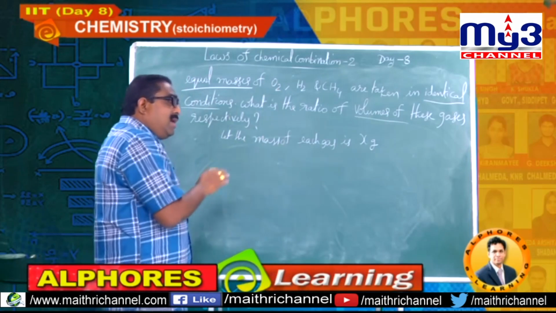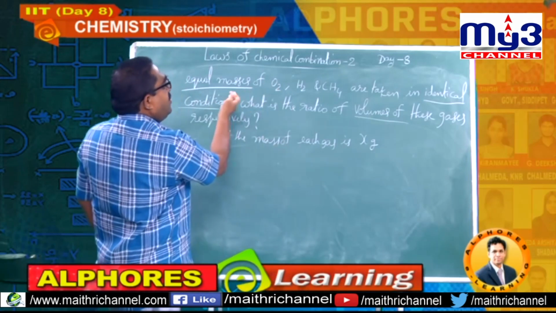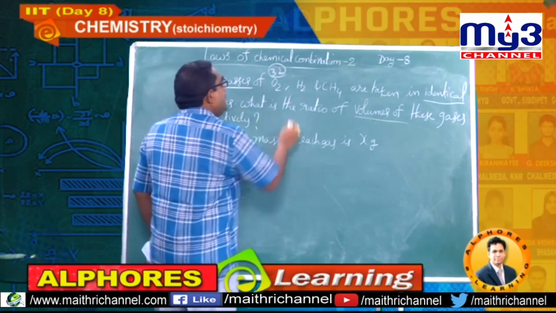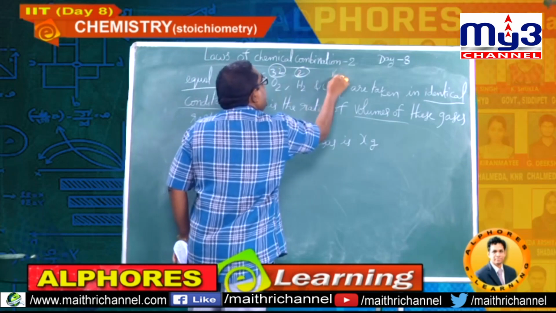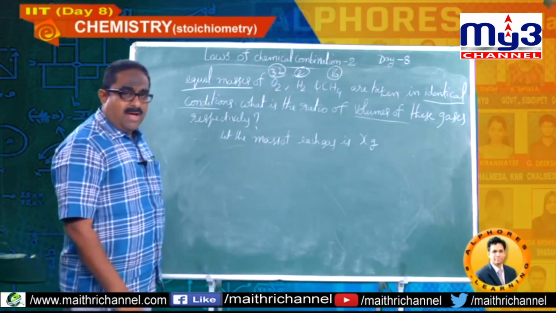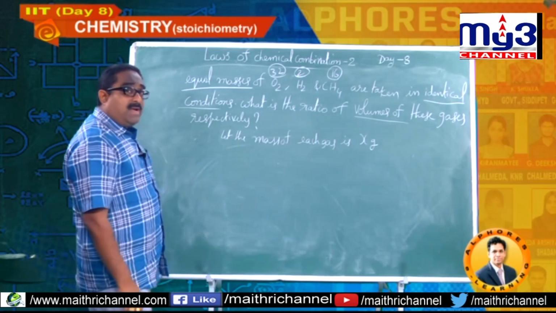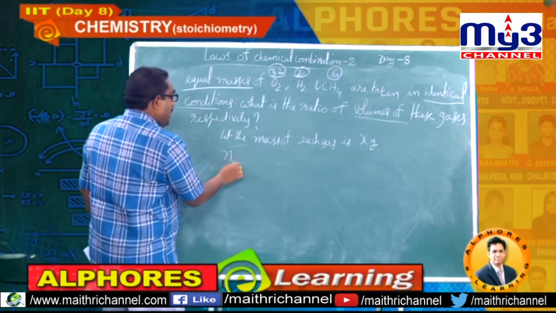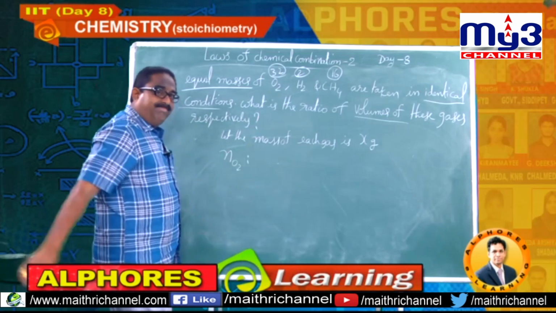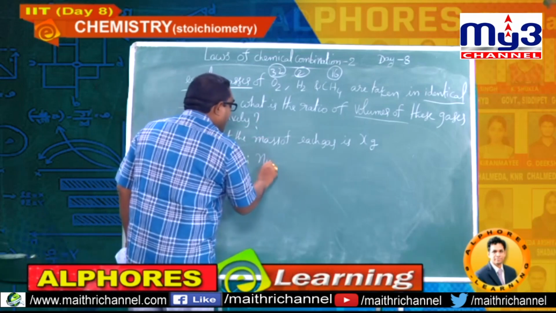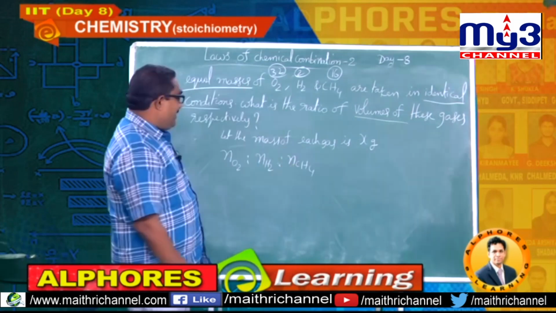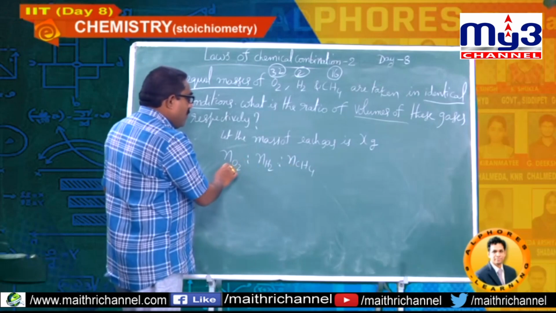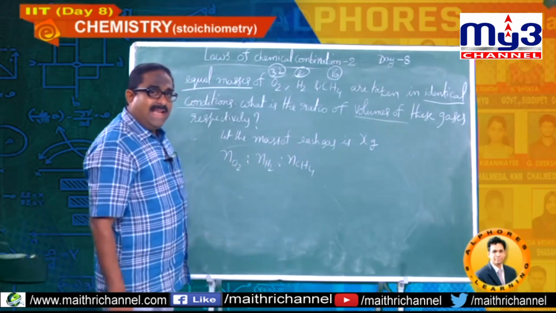We are having mass and we know the molar masses. Here the molar masses are 32, here it is 2, here it is 16. We know very well the molar masses. Okay, now let me calculate the moles ratio of these three.